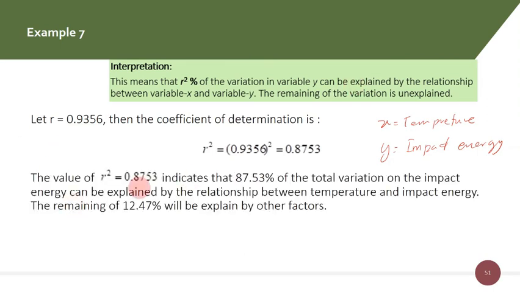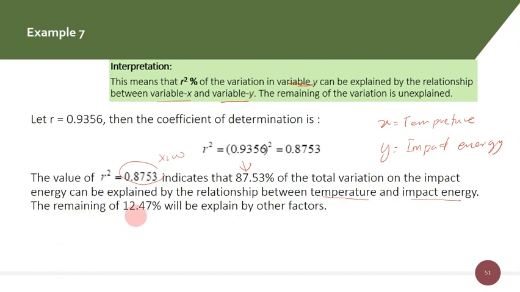The value of R squared equal to 0.8753 indicates that, in terms of percentage, you just multiply by 100, so you get 87.53% of the total variation in y. Variable y is the impact energy, which can be explained by the relationship between temperature, variable x, and y.